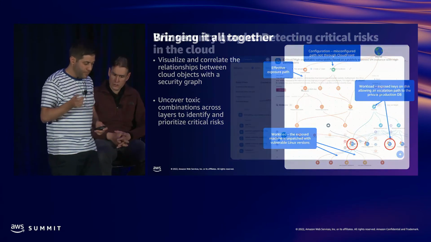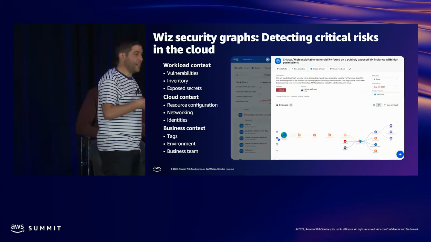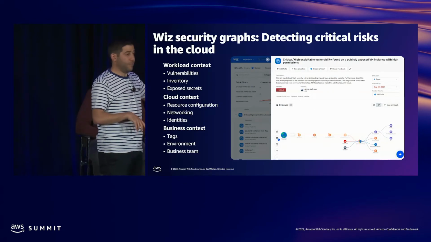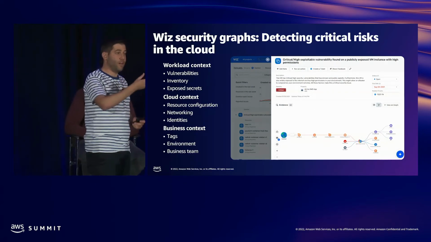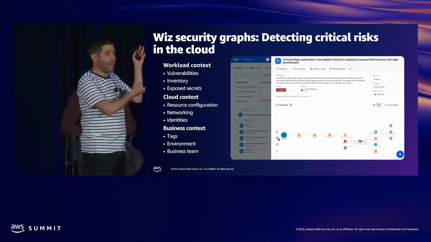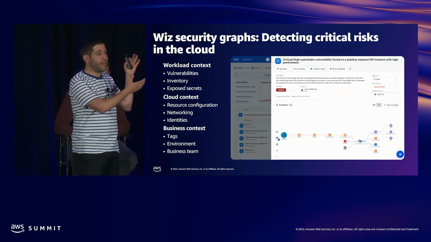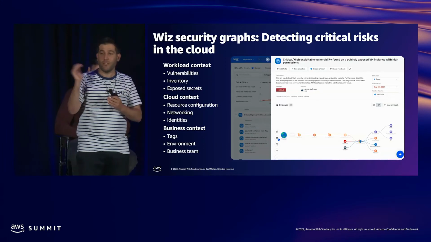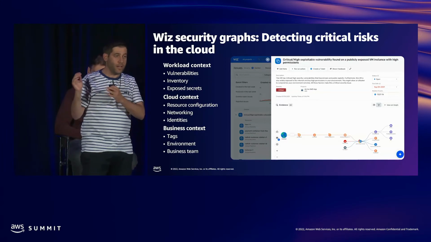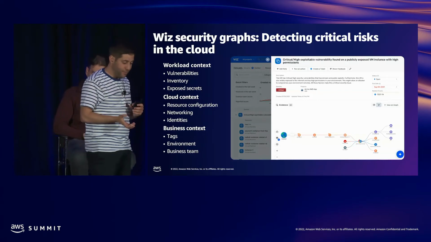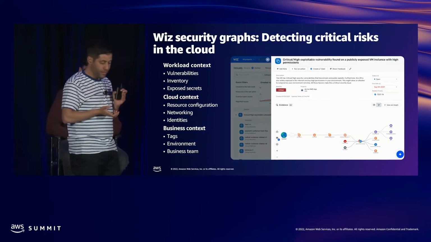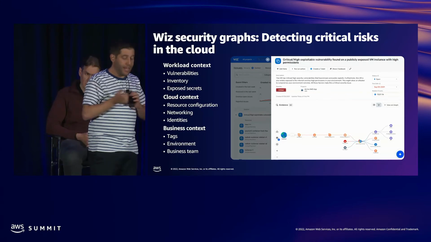And just showing you how this looks in the actual product. This is an example of a query on the graph. Eventually, the customer gets an issue, right? Gets an alert. But this is an alert that is much more advanced than what we used to call a cloud security alert, right? It's 10x more context because it says it's a highly exploitable vulnerability, it's an exposed VM, and it has high permissions, right?